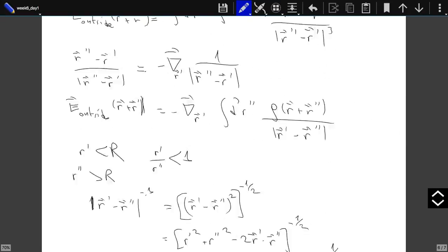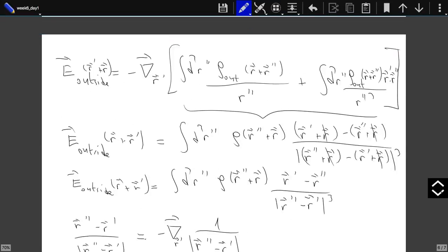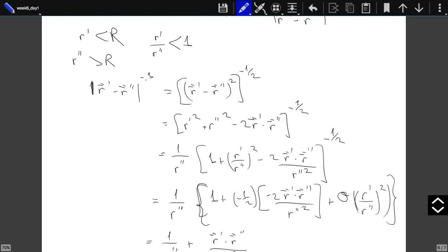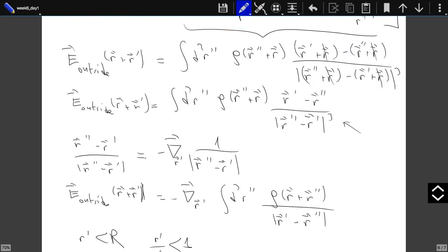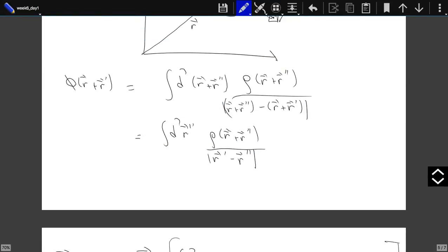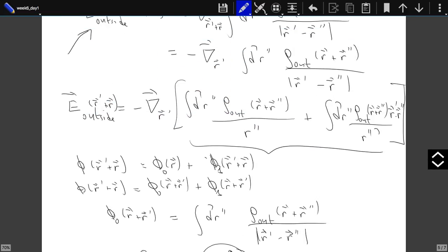So at least for the simple case, this step is correct. Now let's look at the other problem. Here we had the expression. This is the phi.